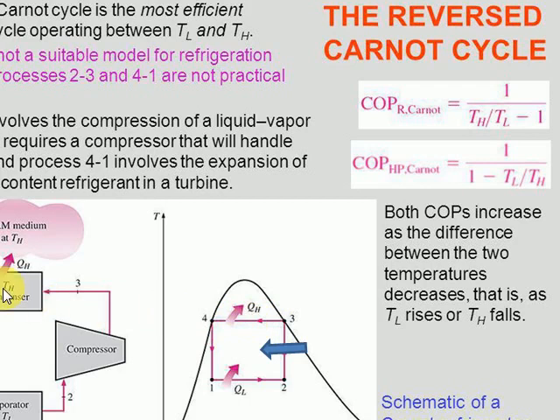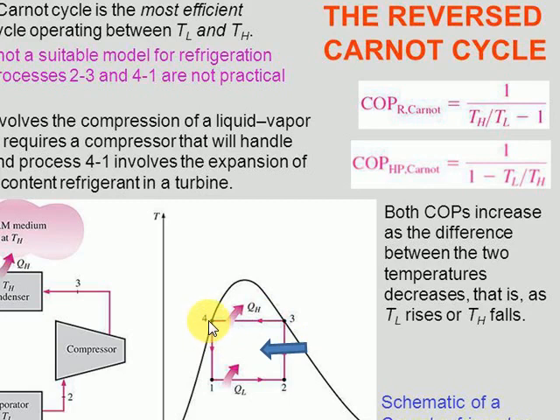That means the high temperature vapor refrigerant at saturated vapor condition will lose heat to the atmosphere. TH is higher than the atmosphere. So the saturated vapor will get converted into saturated liquid.